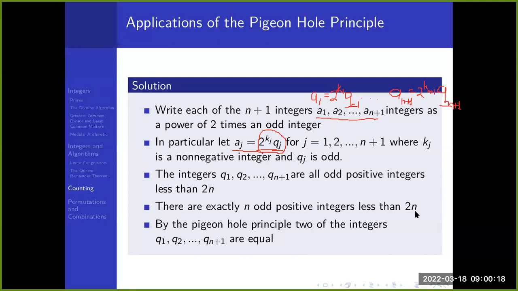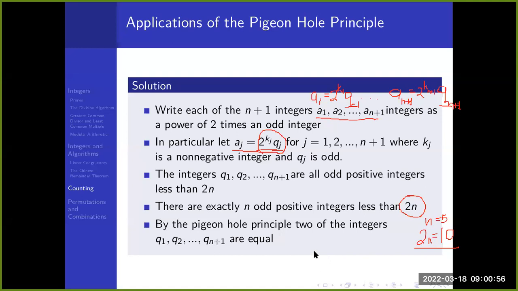Now these n plus 1 numbers are all odd, right? And all of them are less than 2n. You can see that? So for instance, if you pick n is equal to 5, then 2n will be equal to 10, right? So if I have a list of 6, that is n plus 1, n is equal to 5, of odd numbers, then I have only 5 numbers to choose from.